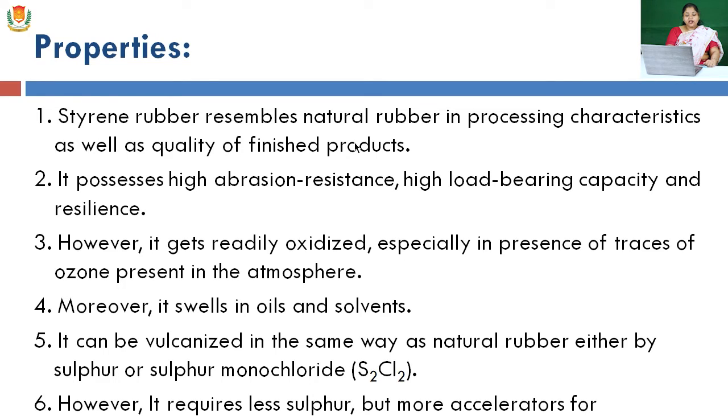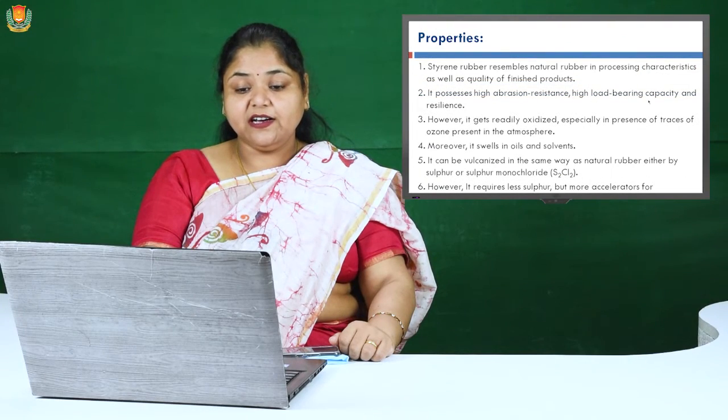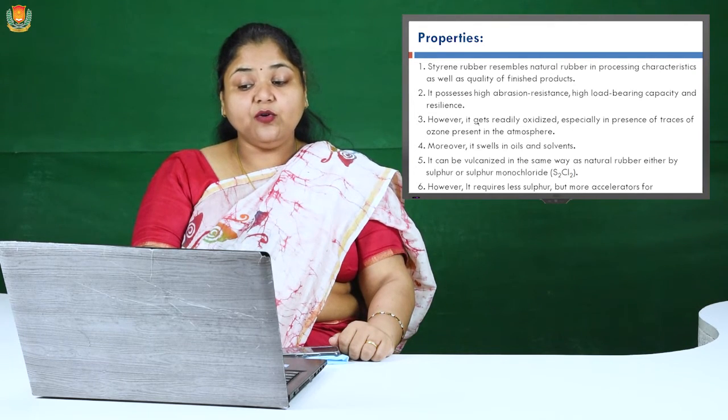Styrene rubber or Buna S rubber resembles natural rubber in processing characteristics as well as quality of finished products. It possesses high abrasion resistance and high load bearing capacity.